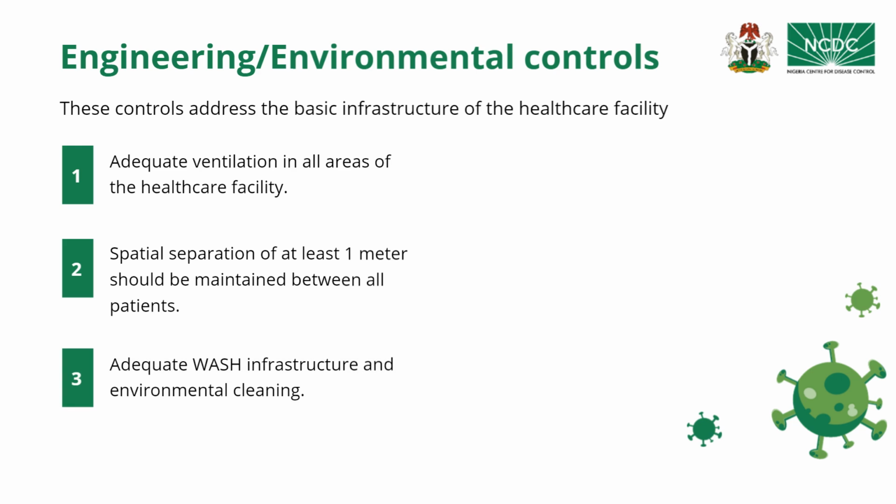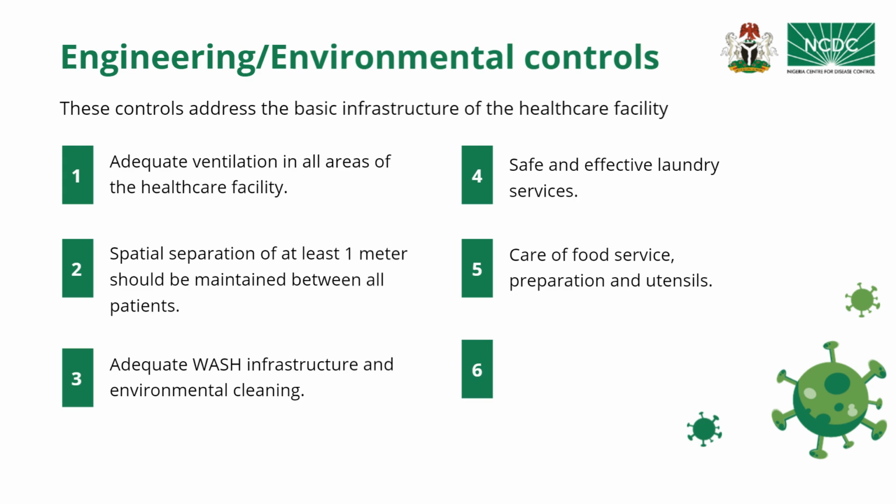Adequate WASH infrastructure should be provided and environmental cleaning using the appropriate cleaning and disinfection procedures should be done consistently. And laundry, food, and medical waste should be safely managed according to the recommended safe routine procedures.